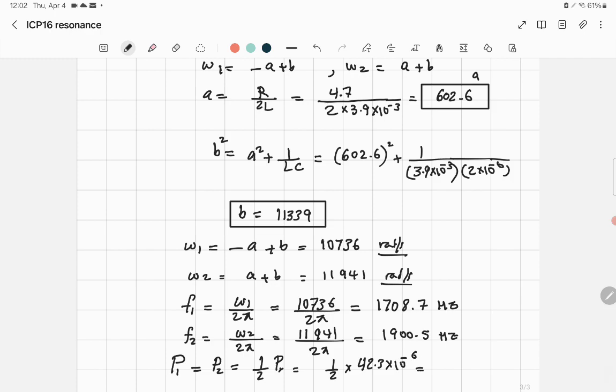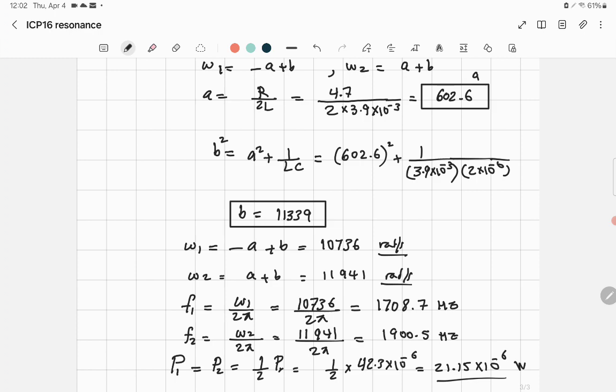And you get, here you go, 42.3 divided by 2, which is equal to 21.15 times 10 negative 6 watt. So that will be the power at the cutoff frequency, equal to half the power. So that's how you solve the question related to series resonance.